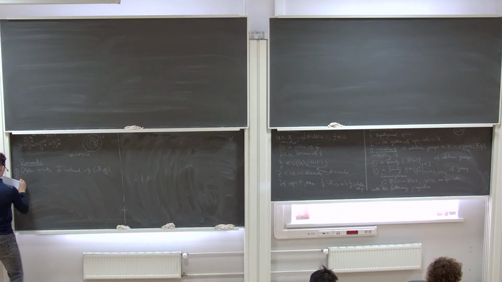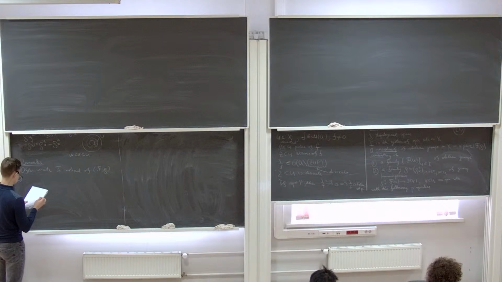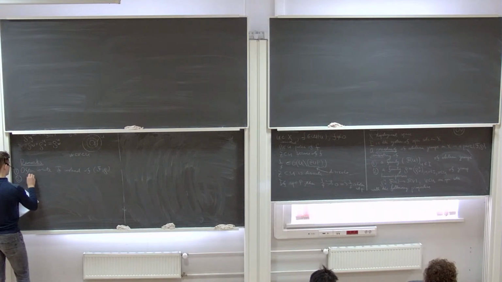Then the second: these rho U are called restriction homomorphisms.